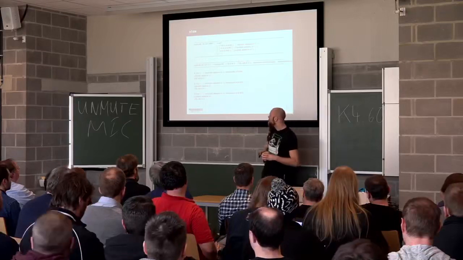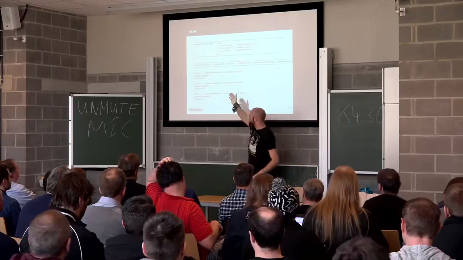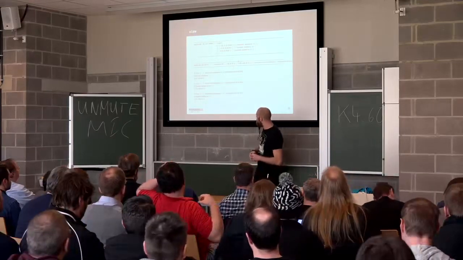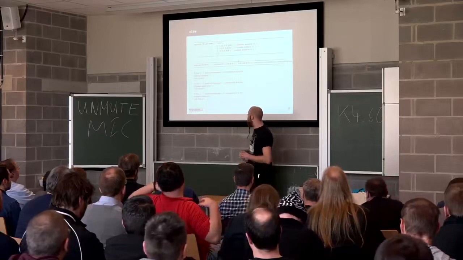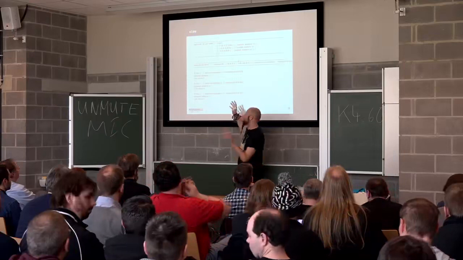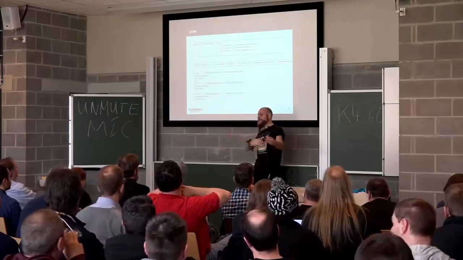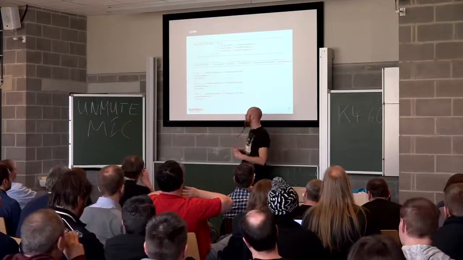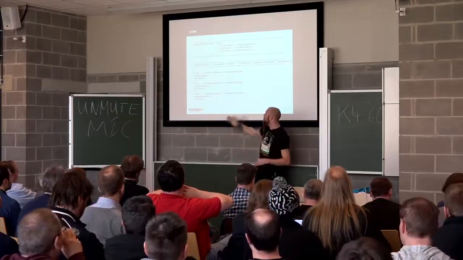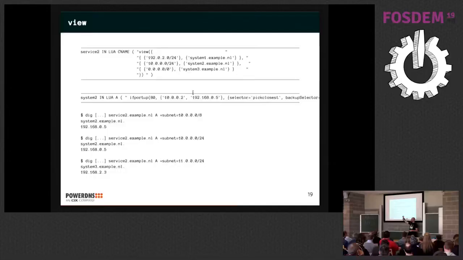I will get the system2.example.nl CNAME, then I end up at 05 because apparently 05 was up. So in the demo I would actually show you the log of the server that said, hey, this one is up, this one is down when I take services in and out of production. And if I use a subnet that is not within that range, you indeed see again that you get the default.